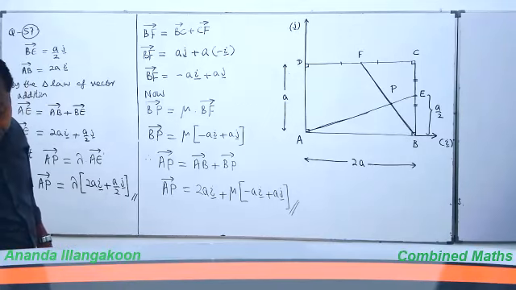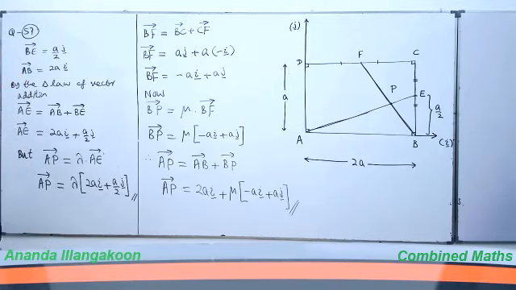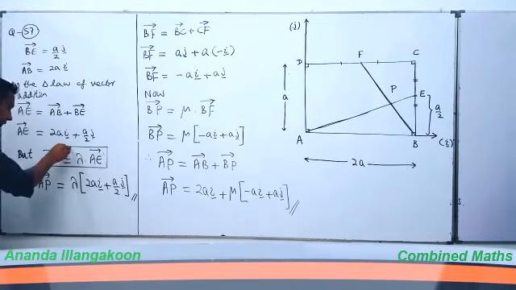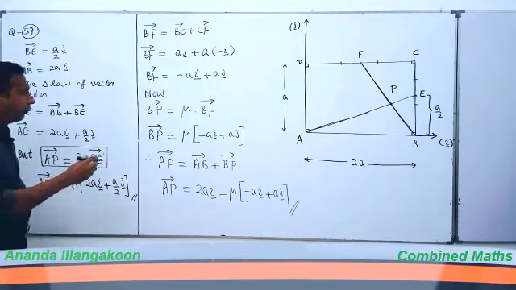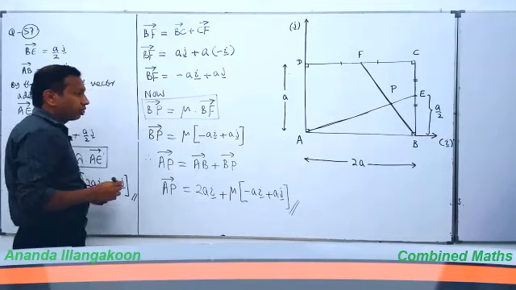Now what is asked next? Hence find lambda and mu, obtain AP:PE ratio and BP:PF ratio. Right. Now, to get the final answer, people, we need this relation and this relation. These two relations we need.